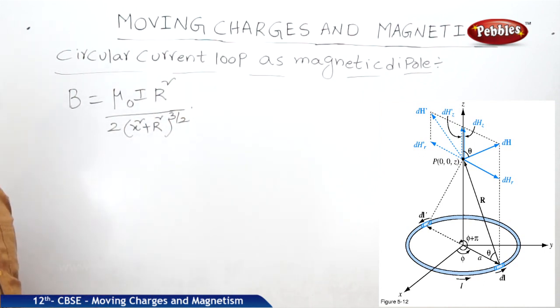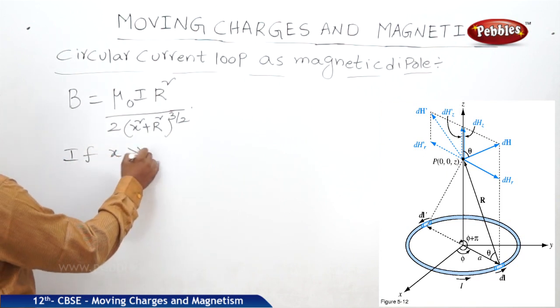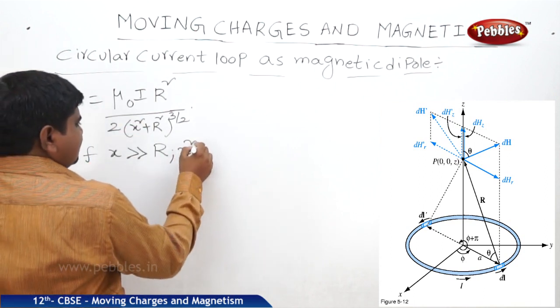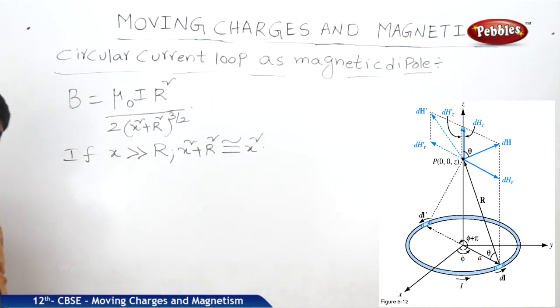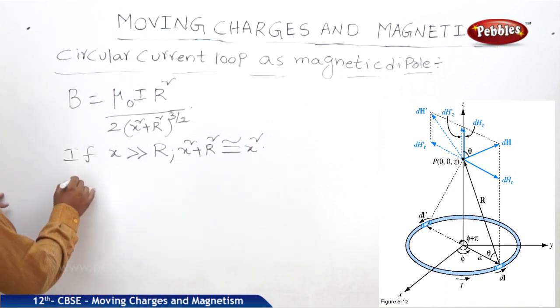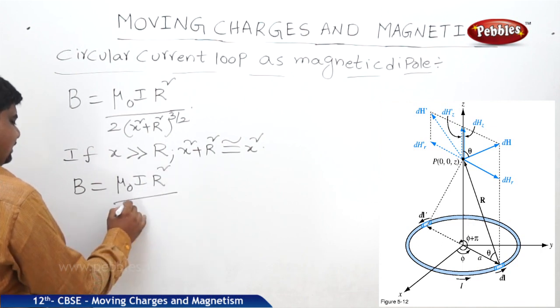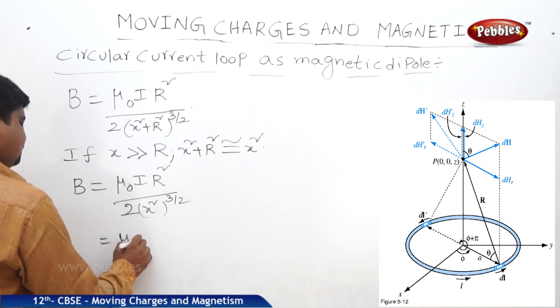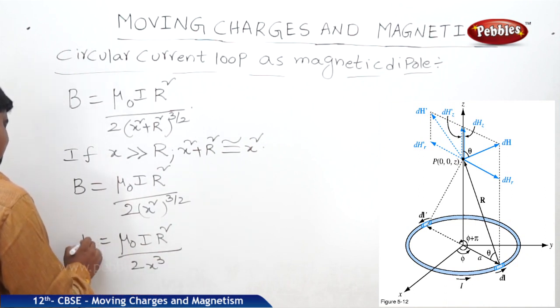So this is the expression for the magnetic field of a circular current loop. If x is much greater than r, we can neglect the r square term, so x square plus r square is approximately equal to x square. Then B will become mu naught I r square by 2 x square whole power 3 by 2. It is nothing but mu naught I r square by 2 x cube is equal to B.